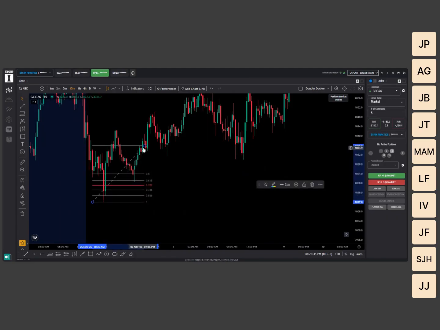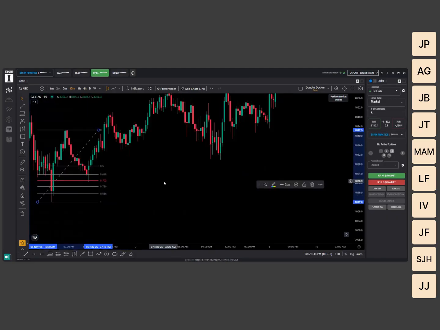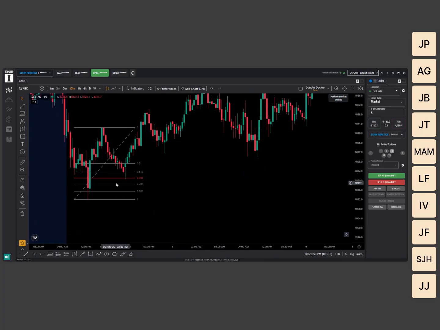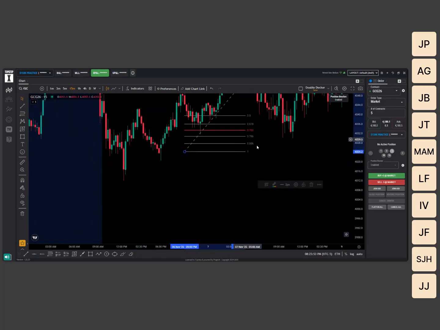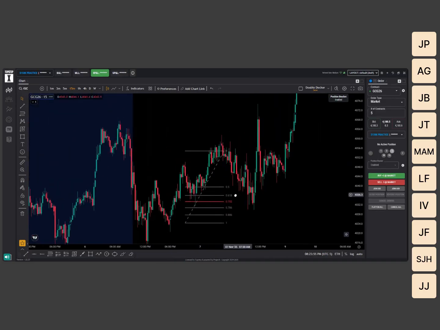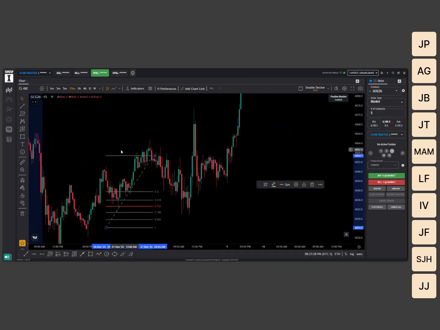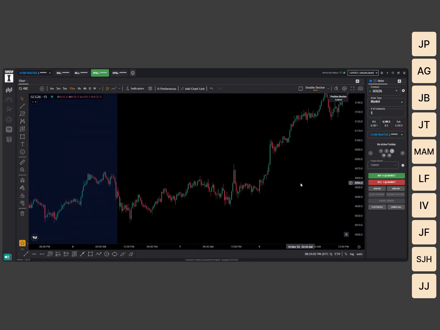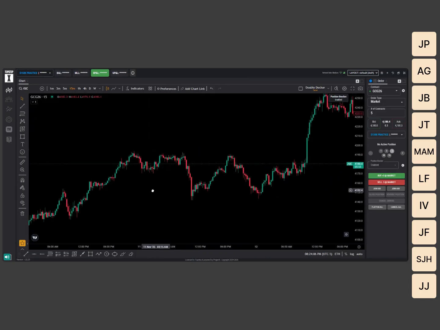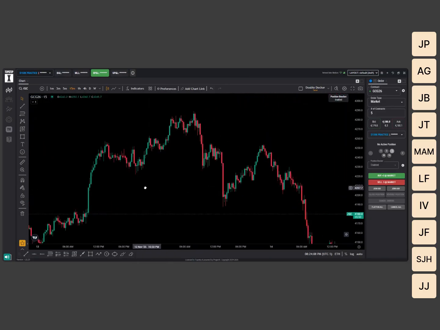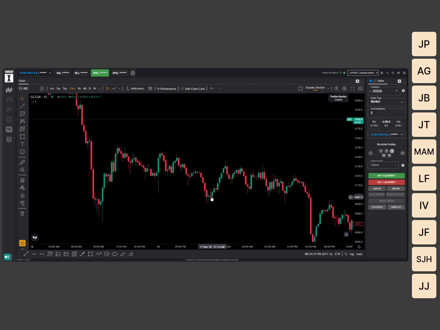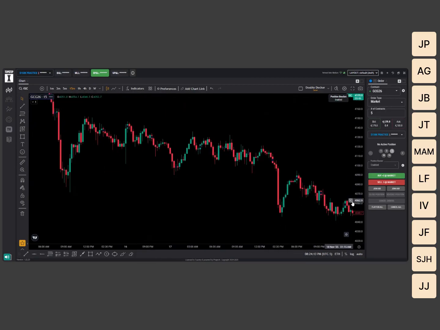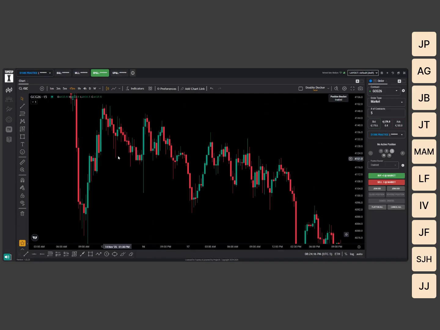Well, technically, this will work. This order block, not the zone. Oh, man, this is rough. I'm just not seeing it. I could not find it.